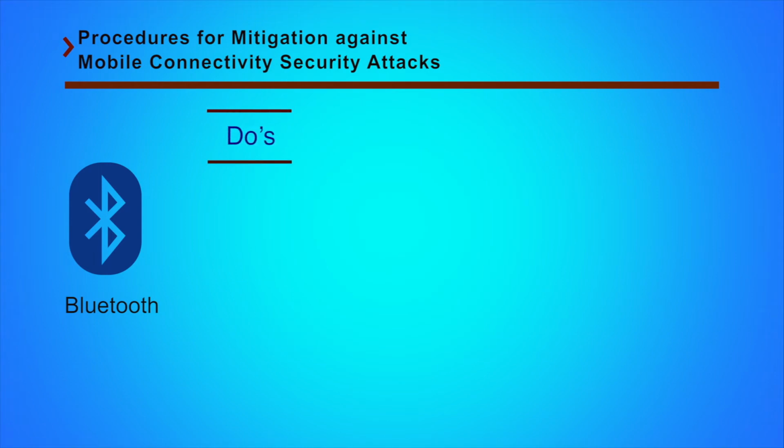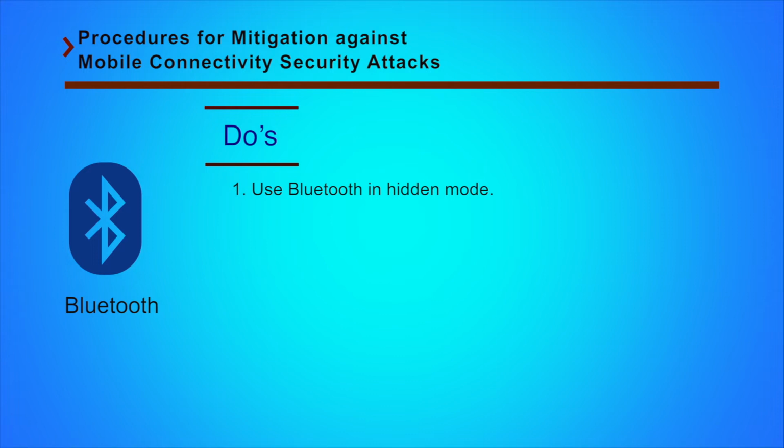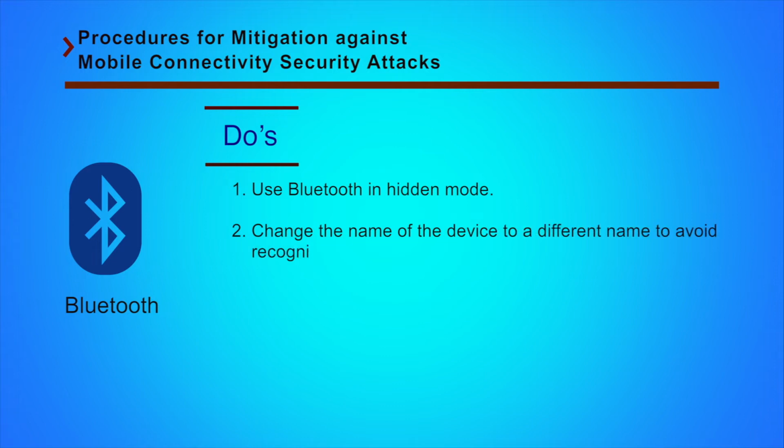Use Bluetooth in hidden mode so that even if the device is using Bluetooth, it is not visible to others. Change the name of the device to a different name to avoid recognizing of your mobile phone model. Please note that the default name will be the mobile model number for Bluetooth devices.